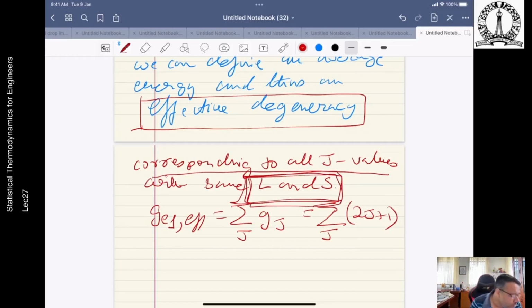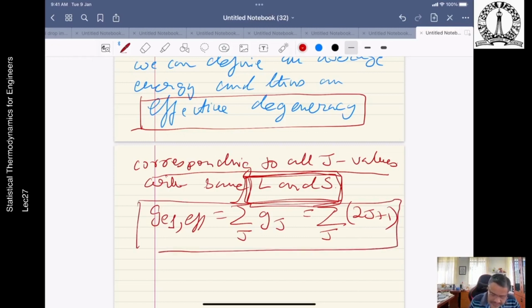Once those two are kept the same, we can define an average energy among the different J values, and an effective degeneracy corresponding to all the J values for the same L and S. This is how you calculate the effective degeneracy.